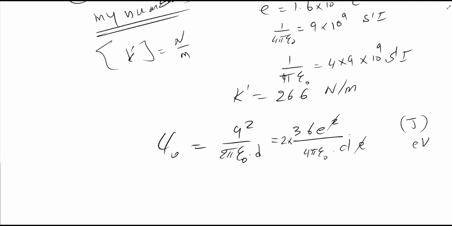So the answer is going to be in electron volts, okay? Times 4 pi epsilon naught, which is 9 times 10 to the power 9. And the whole thing is divided by d, and d is 5 times 10 to the negative 10.